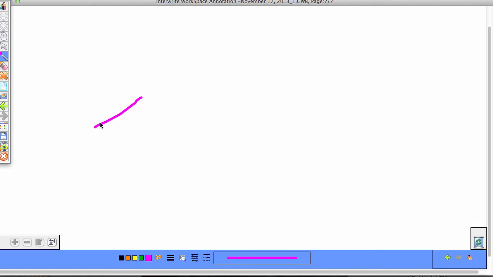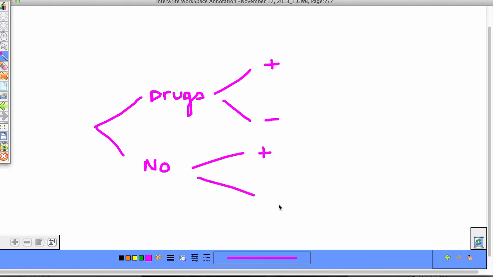So they either do drugs or they don't. And then they either get a positive or a negative. Okay, in this case, I know that 4% of prospective employees do drugs. So this would be 0.04, which means that 96% don't.